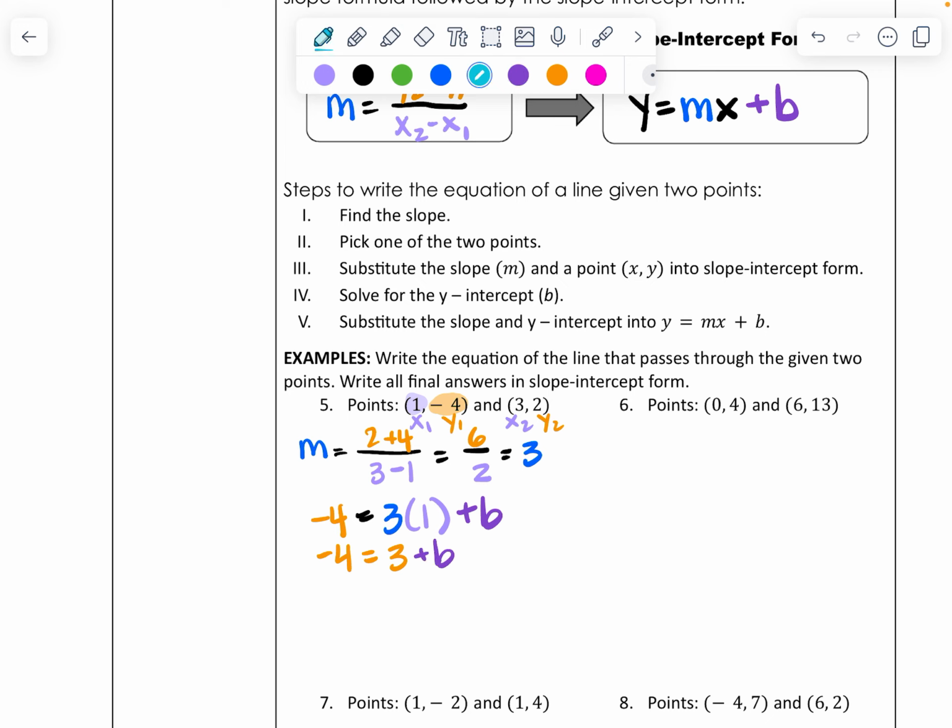To solve for that, I would need to subtract 3. And b is negative 7. So now I know m is 3 and b is negative 7. So my equation is y equals 3x minus 7.